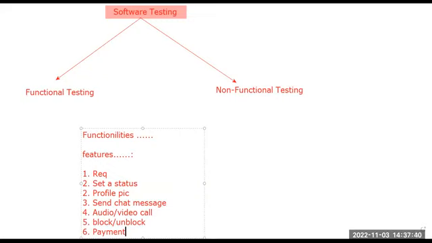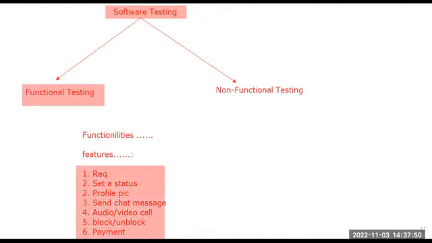So as a part of functional testing, we are going to test each and every feature of the application. Understanding my point, everyone? Functional testing is nothing but testing the features of the application.